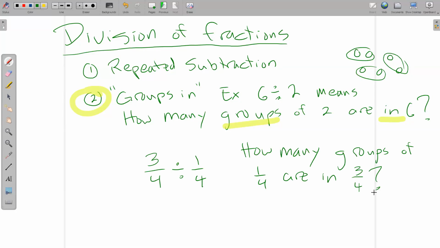And so in order to do this, I need to see what 1/4 looks like. I need to see what 3/4 looks like. Because up here with 6, I had to see 6 and know what a group of 2 was. So I need to know what a group of 3/4 looks like, and I need to know what a group of 1/4 looks like. So let's try it.